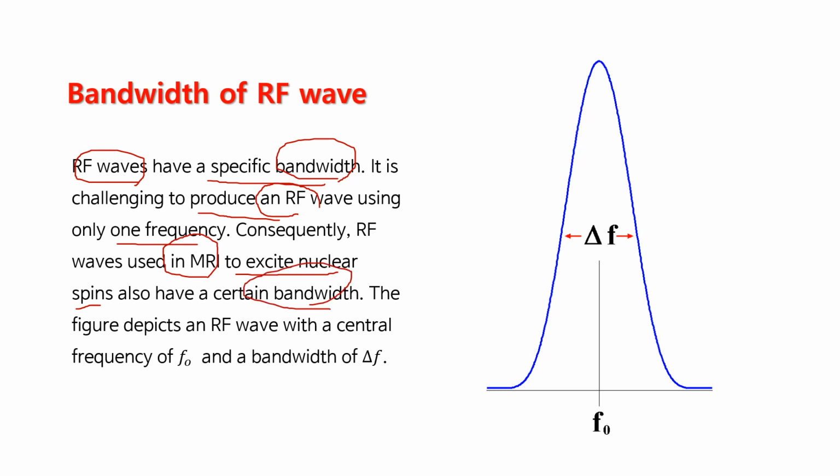The figure depicts an RF wave with a central frequency of f0 and a bandwidth of delta f. So all radio waves have a certain bandwidth, which means that the RF wave consists of a sum of different frequency waves.